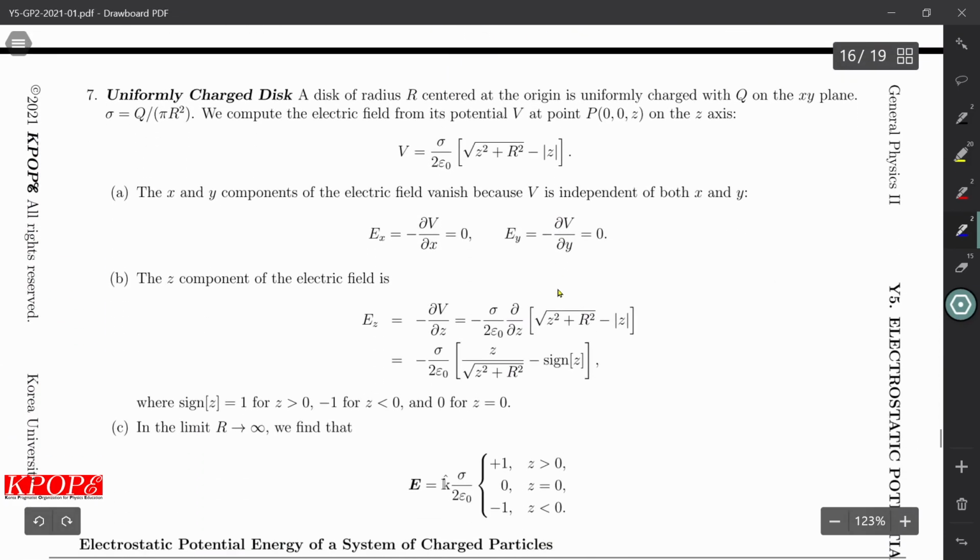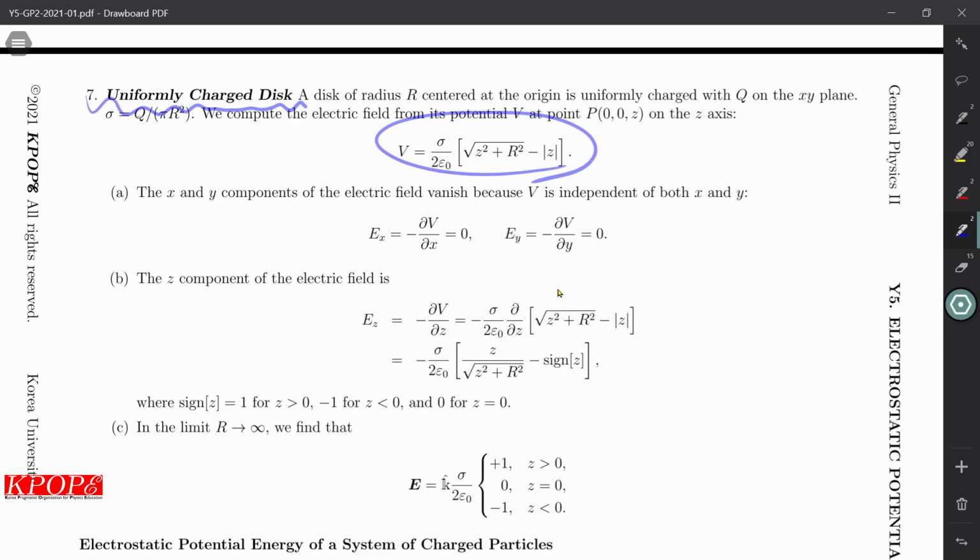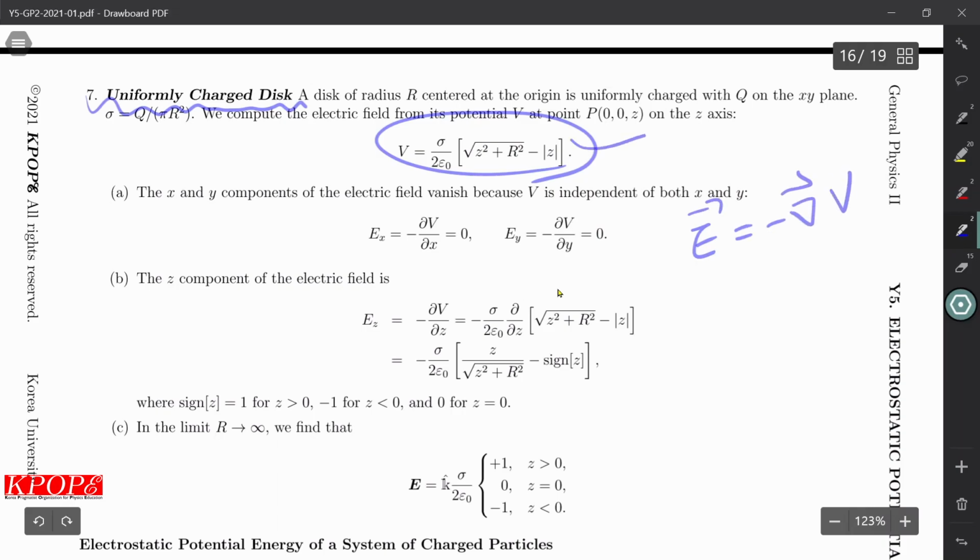Next, the electrostatic potential for the uniformly charged disk can also be used to compute the electric field. The electric field is minus the gradient of the potential, and we substitute this potential in here.